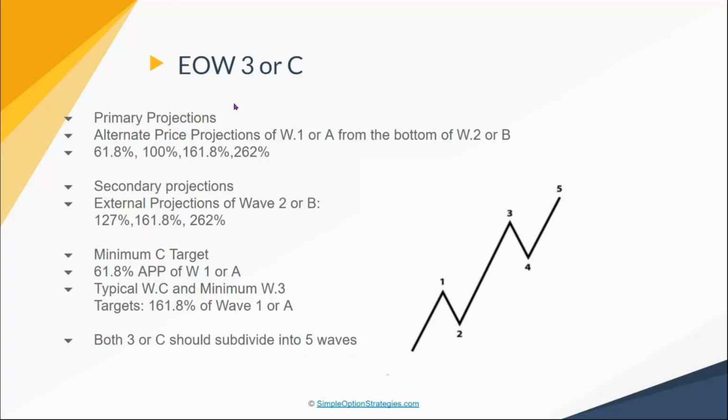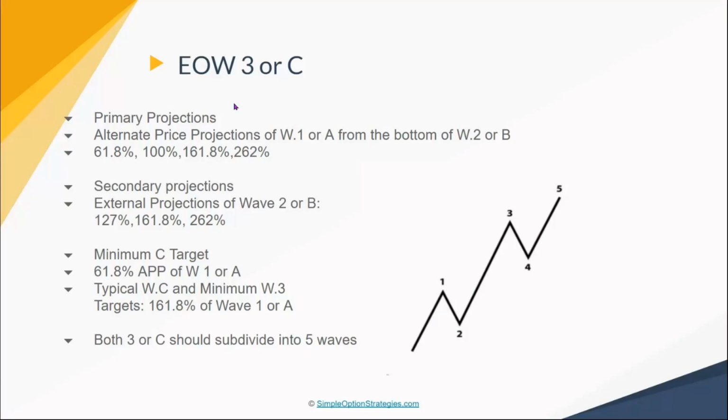Wave 2s are easy. So what we do when we look at these wave 3s, and trading a wave 3 is fun, and trying to pick a top of a wave 3 is not so much fun. But what we can do is have some kind of idea where the wave 3 should end.